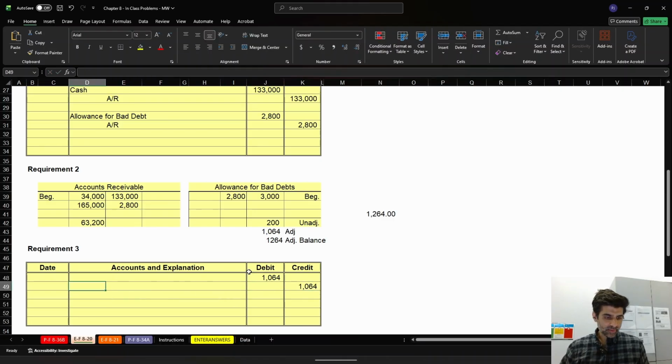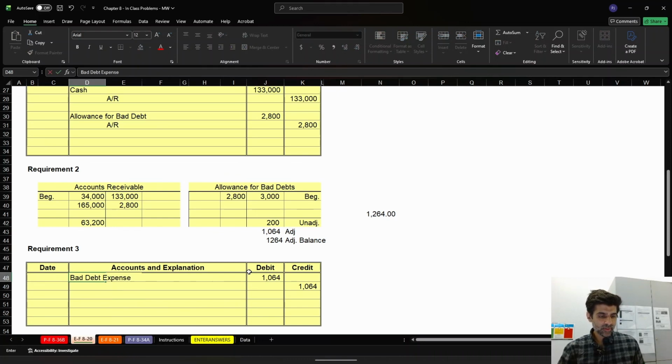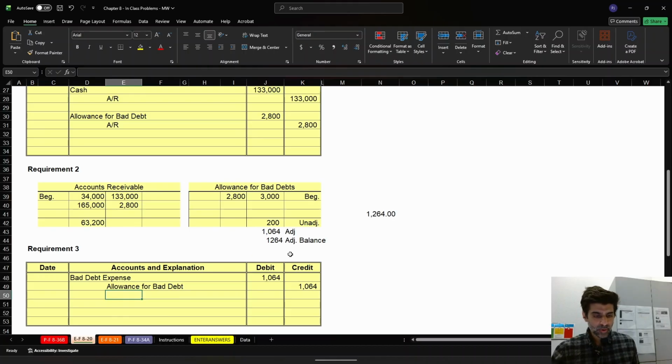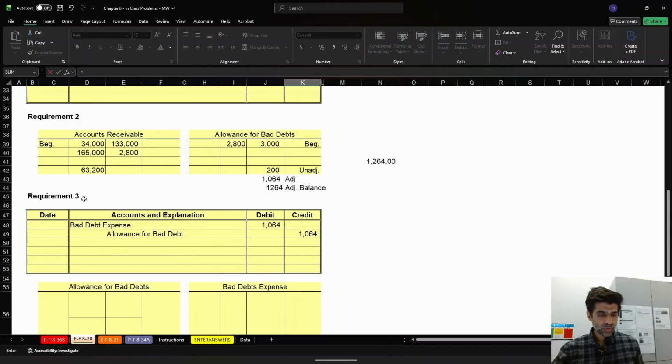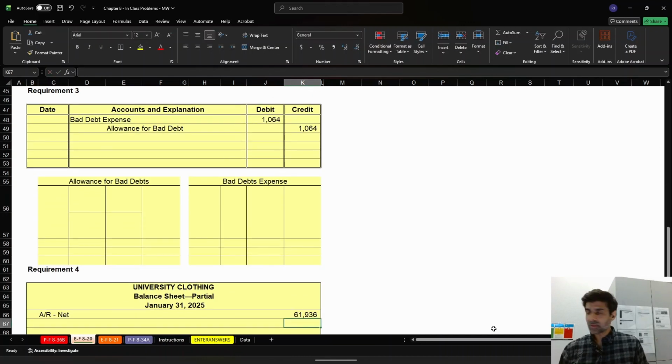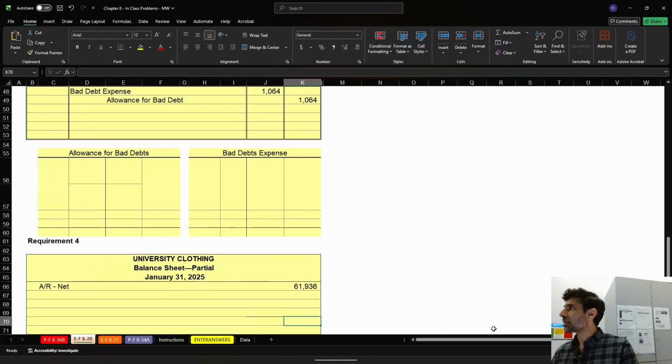The whole point of it is to record an expense called bad debt expense, and we're going to add that, kind of like a loss you can take, to this piggy bank called allowance for bad debt. Then when we report accounts receivable on the balance sheet, it's going to be accounts receivable, net, equal to this minus our new balance. That's how much we're going to report on our balance sheet.